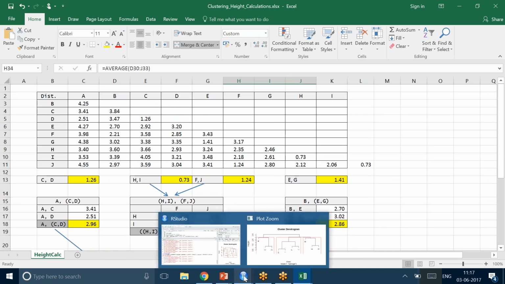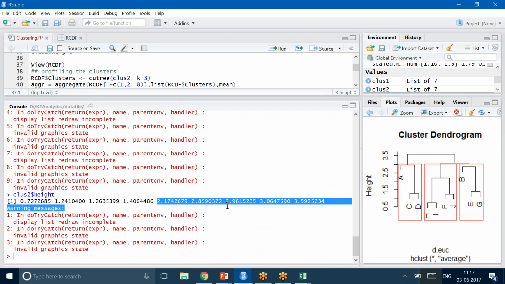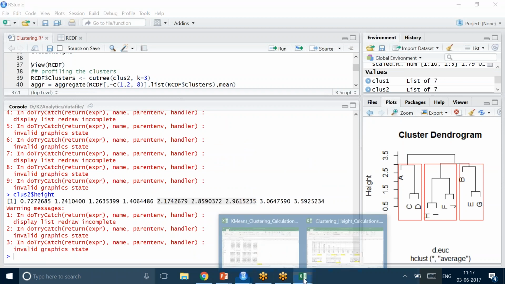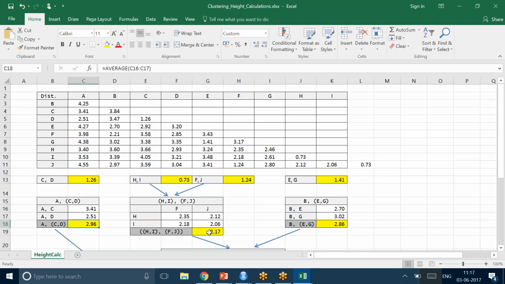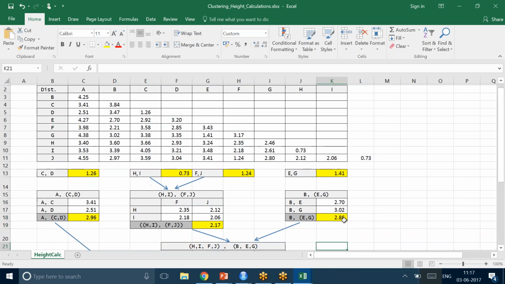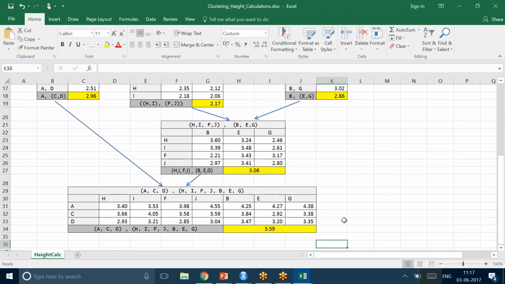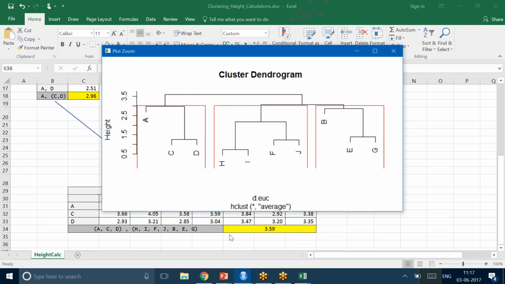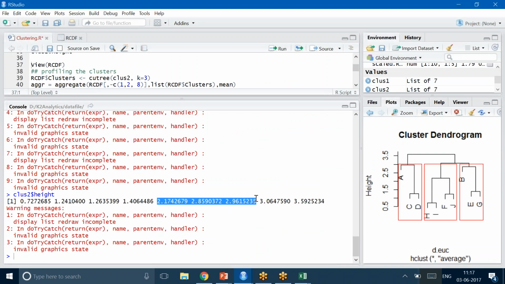And then the next level is 2.17, 2.85, 2.96. 2.96, 2.17, 2.86. Right? And this was 3.06 and 3.59. Yes, all other calculations are also done, but at that level, probably this was the minimum. That's why that was given priority for merging of the cluster.